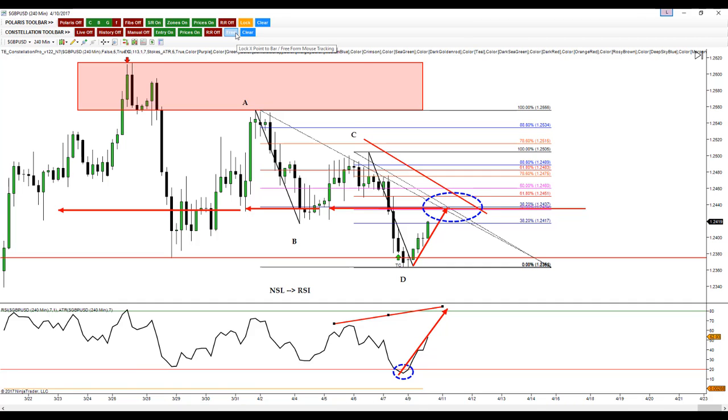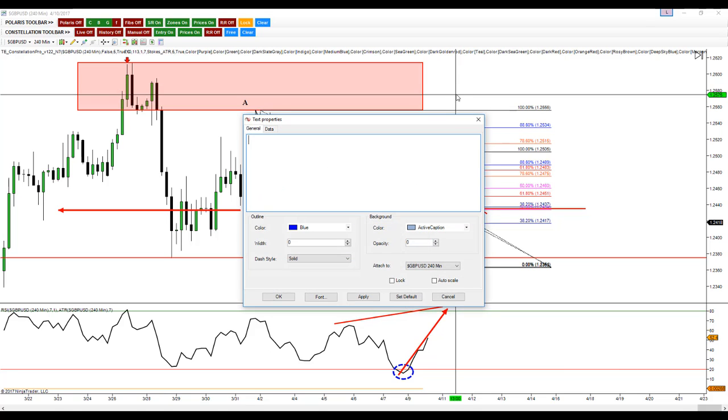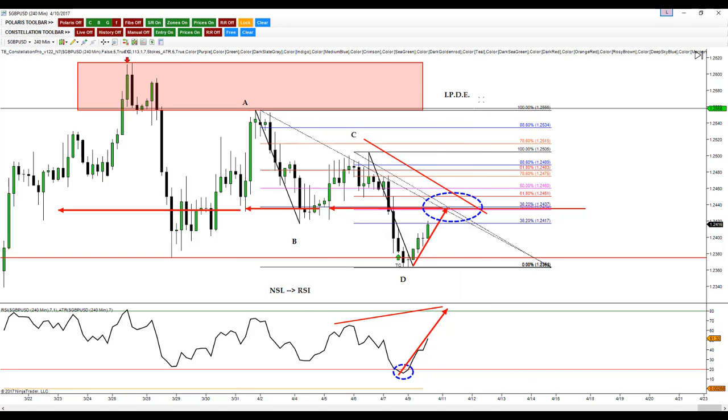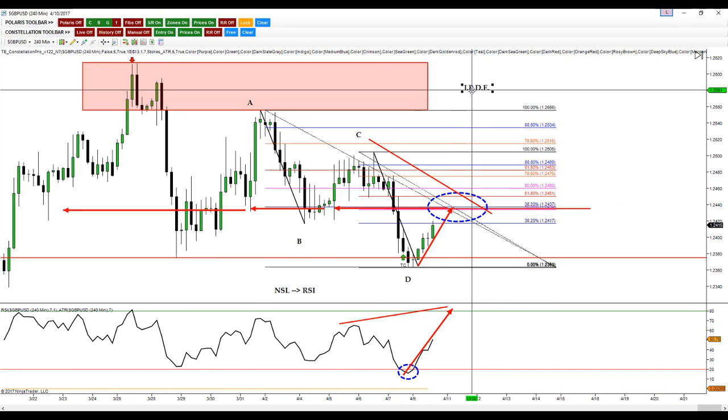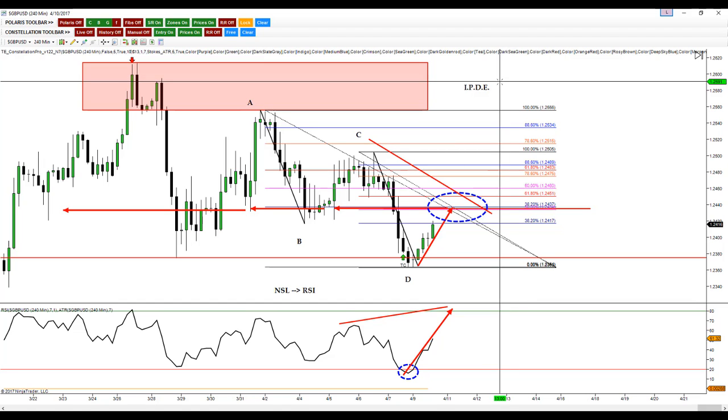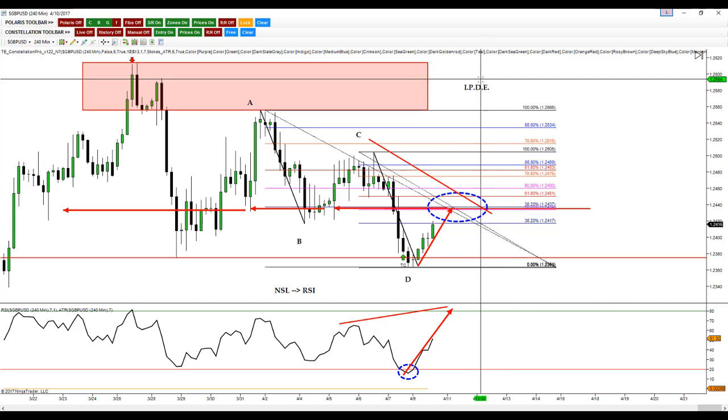Steven says your filter should be installed in your decide phase of your IPDE, just making sure. Yes. So again, if we break up the IPDE process, right? Identify, predict, decide, execute, right? Identify is essentially your higher time frame analysis.